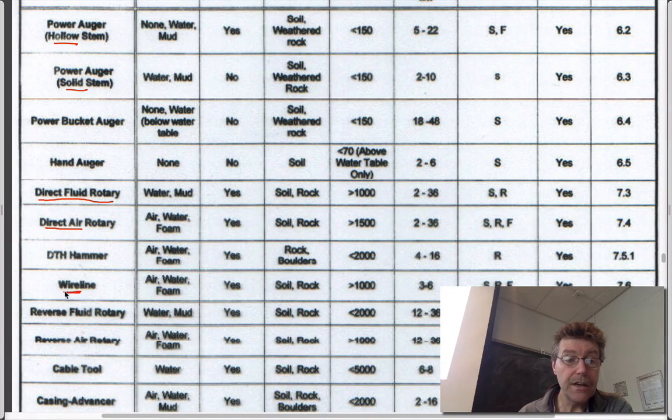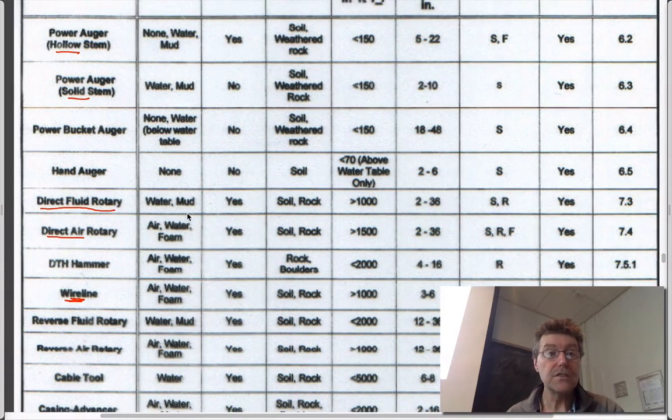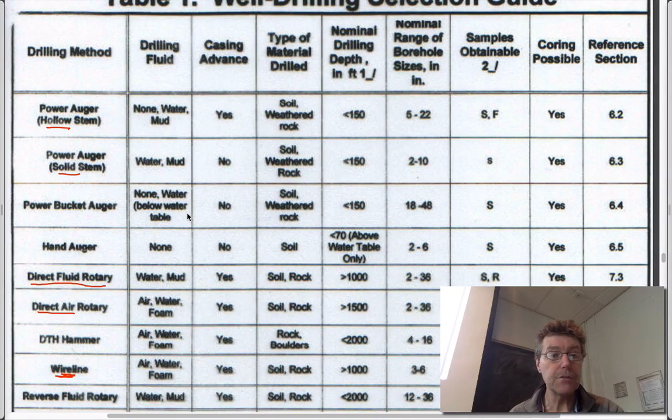Using wire line, which is only with diamond drilling. And well, all kinds of different permutations on those. But you see some of these, you get some appreciation for what drilling fluids you may use: air, water, foam, drilling mud, whether you use casing or not, whether you can go through soil or rock only, how deep you can go.